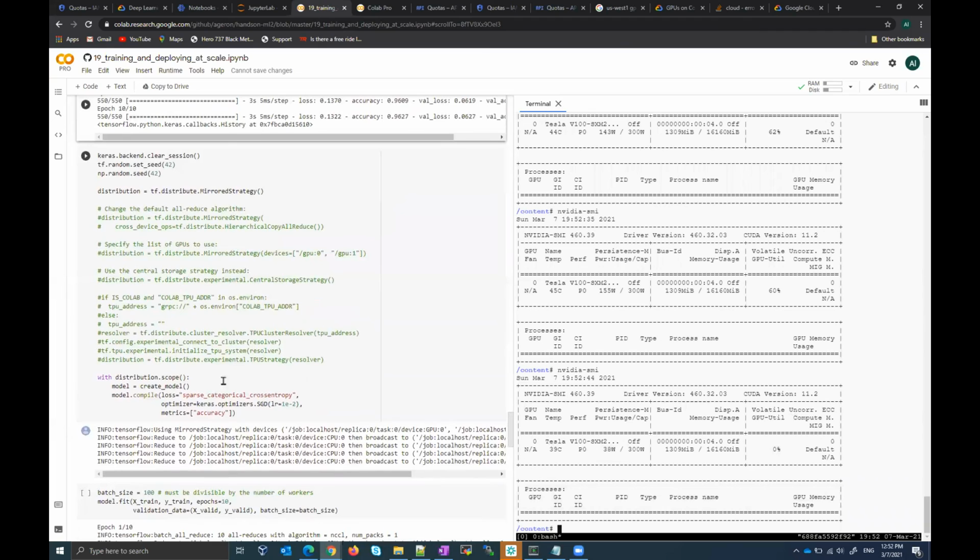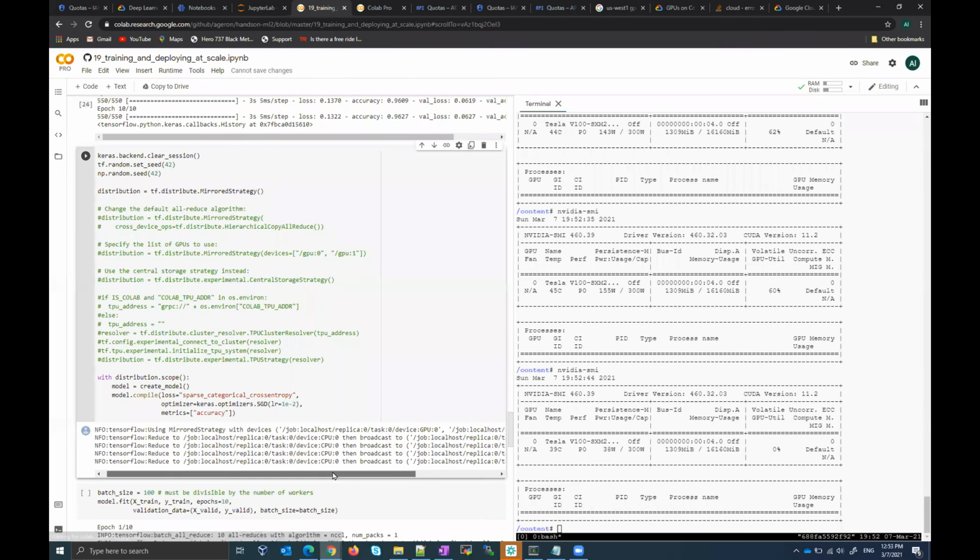And then this is to distribute. So this cell is for multiple GPUs, right? Yep. It acts as a master-slave cluster.